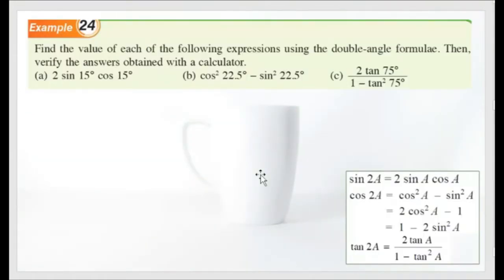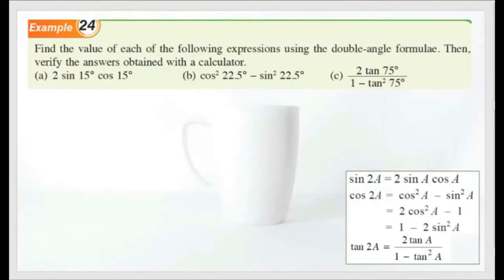So now, I would like you to look at example 24. We're going to use the double angle formula to find the values for the questions in example 24. For the first one, (a) 2 sine 15 cos 15.